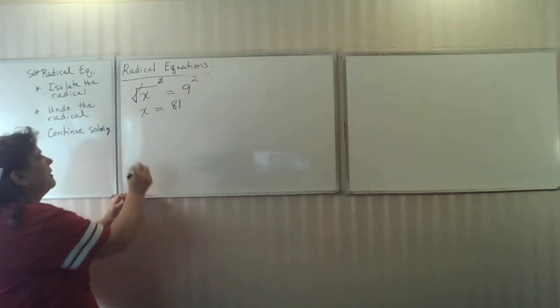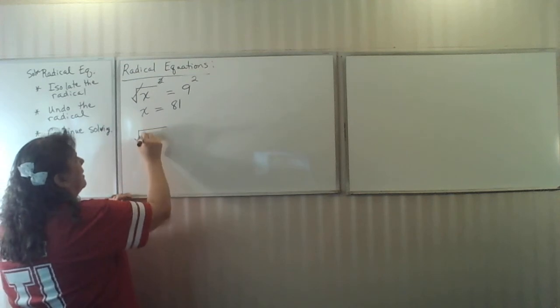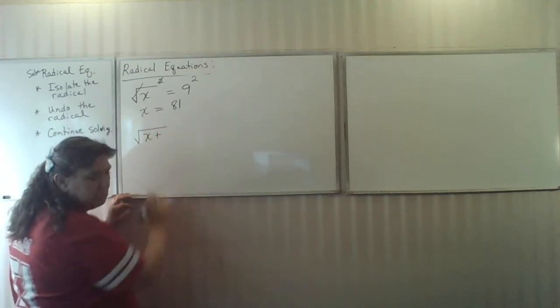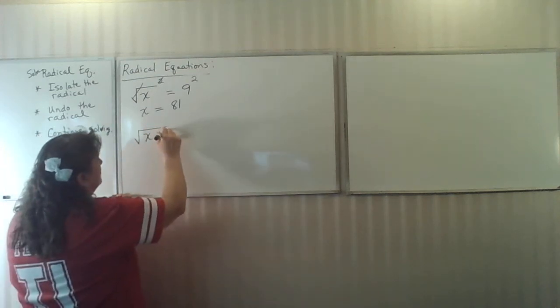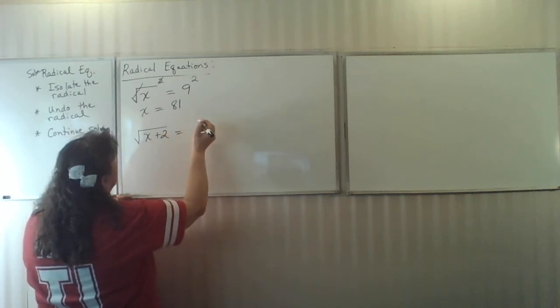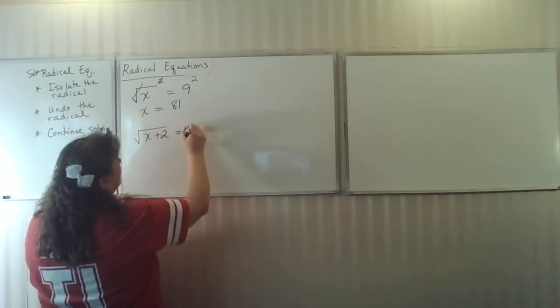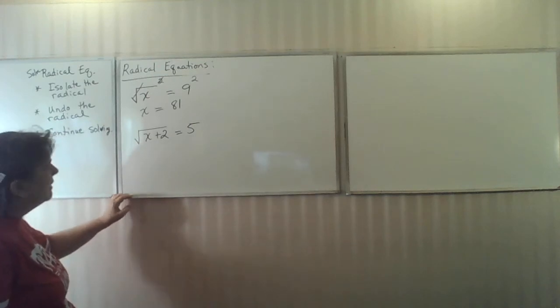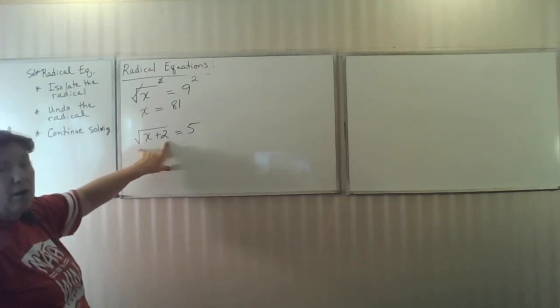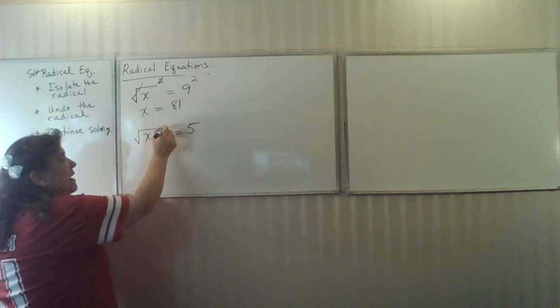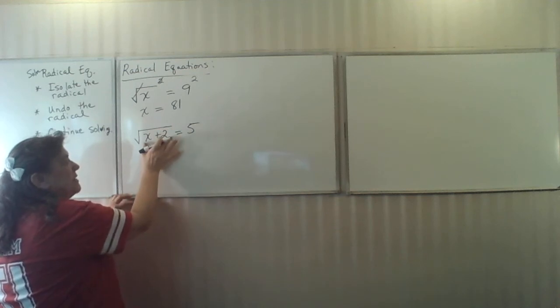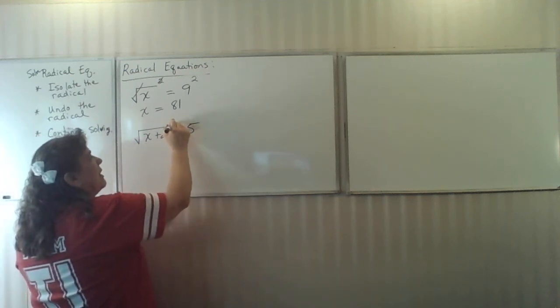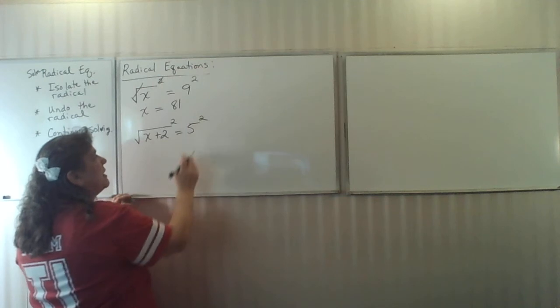Now let's look at one a little bit harder. The square root of x plus 2 is equal to 5. Okay? Again, my square root is already isolated because everything is inside my square root. So all I have to do is square both sides.